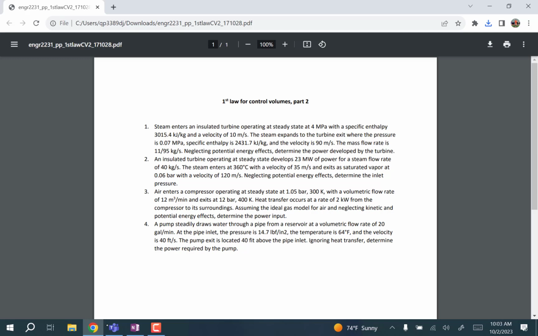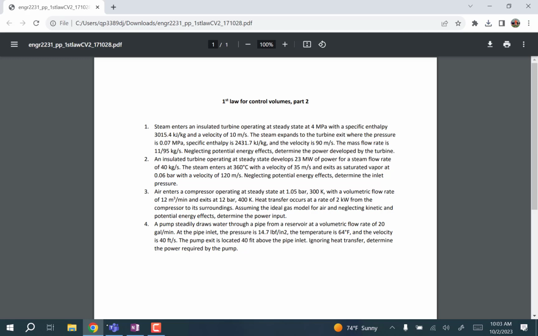Okay, so we have a turbine. It's insulated. What does insulated tell us? Yeah, no heat transfer. At steady state, it develops this much power, and it gives us a steam flow rate in, it gives us m dot.